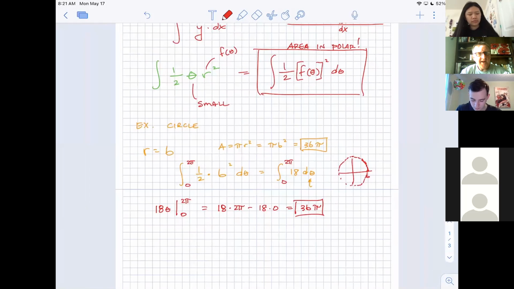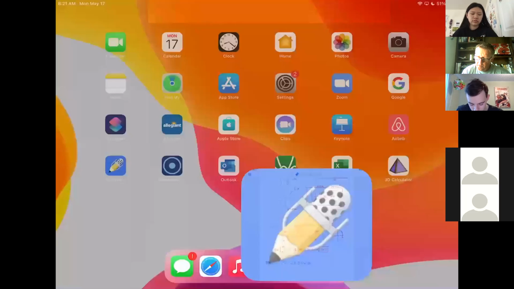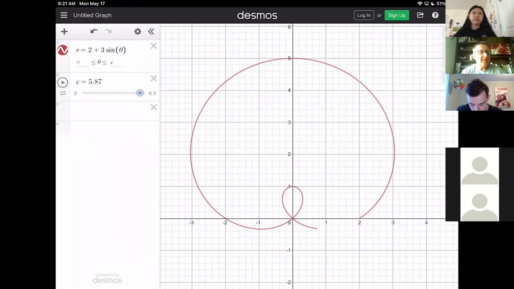Now it's been 3 days, so the illustration we've been working with is probably a little bit gone for you, but we've been playing around with the example equation r equals 2 plus 3 sine of theta. That was our example equation. Let's go stare at it again because I never erased it.